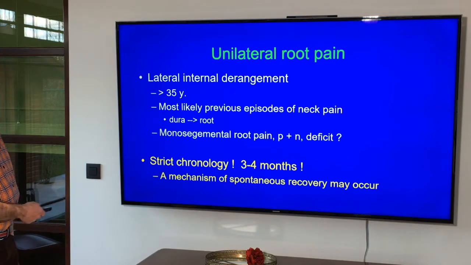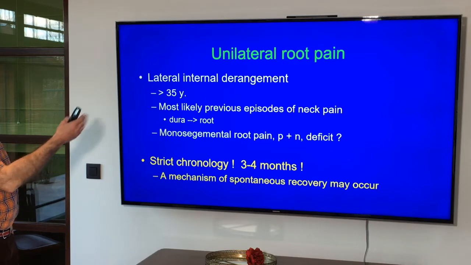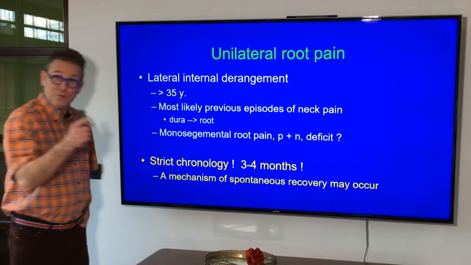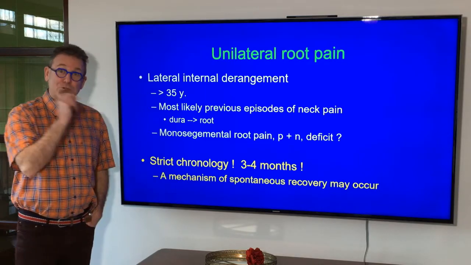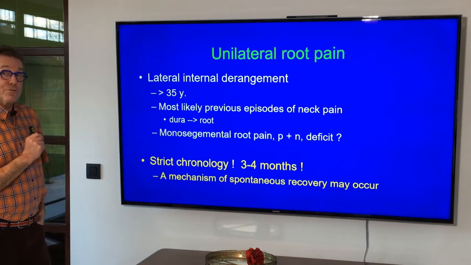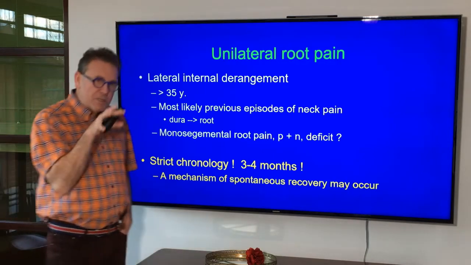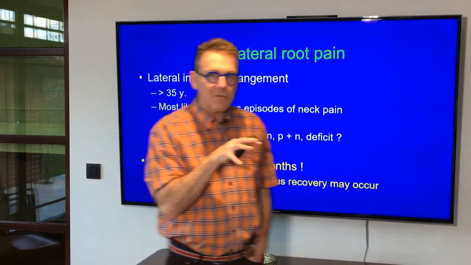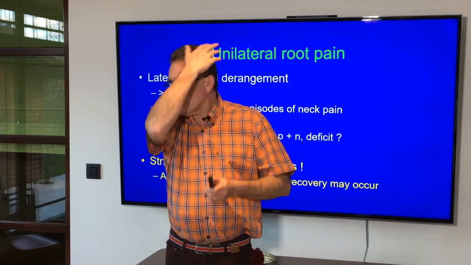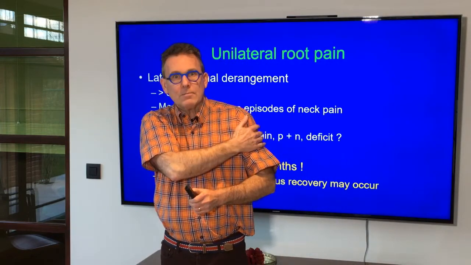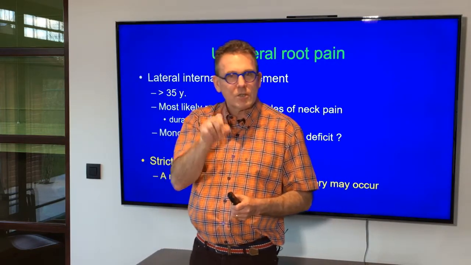So if a patient has unilateral root pain, a lateral internal derangement, I told you earlier you expect the patient to be older than 35 years. This is an empirical finding. And mostly in the story there was a shifting pain. First he had neck-shoulder pain, pressure against dura.